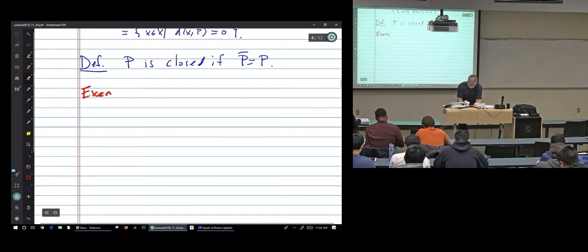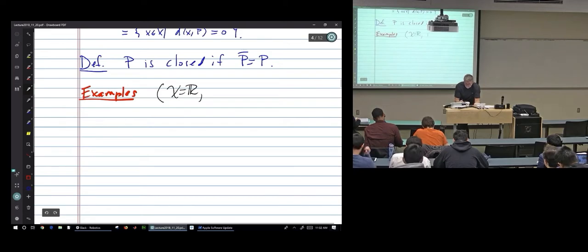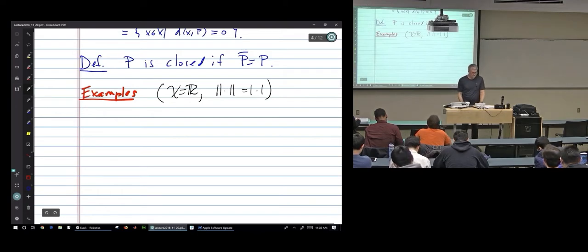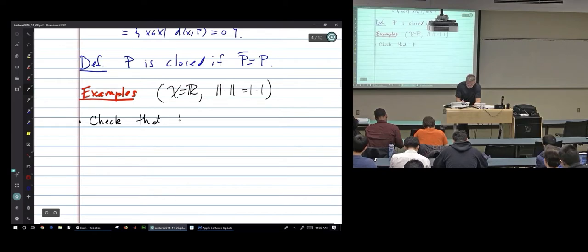Example. So once again, our normed space is the reals, and the norm on that is the absolute value. Let's check that the half open interval is not closed.